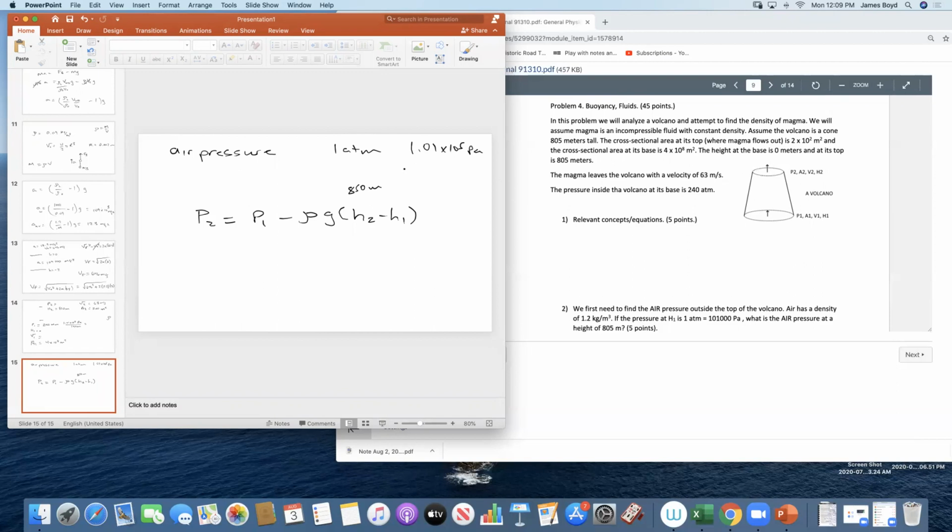Make sure you're clear on this, we want the pressure at the top of the volcano due to the air, not due to the inside. They will be the same, they have to be the same, but we're going to find the pressure due to the air at the top, because we know the pressure on the top of this thing, if it's open to the air, has to be the same as the air.